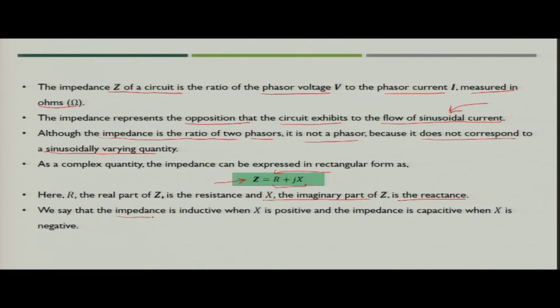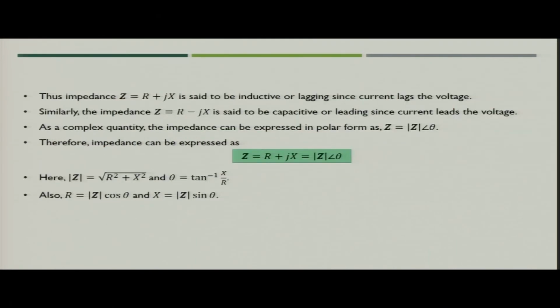Now, impedance is inductive when X is positive. So, here if you are writing Z is equal to R plus jX, if this is the positive quantity, it means that the impedance is inductive, while it would be capacitive when X is negative. So, in that case the impedance would be capacitive impedance.